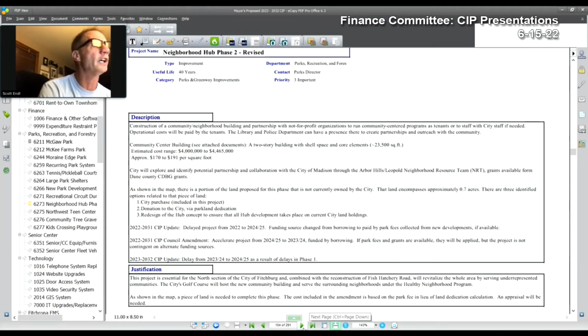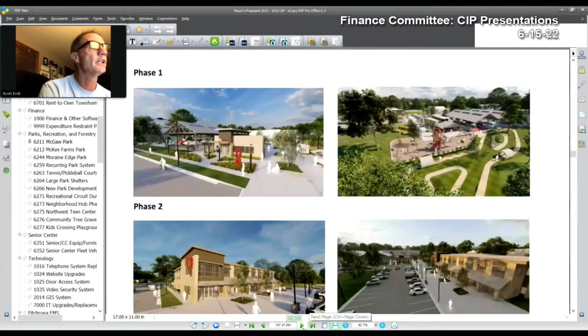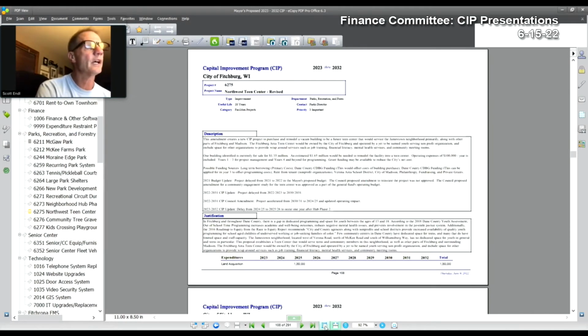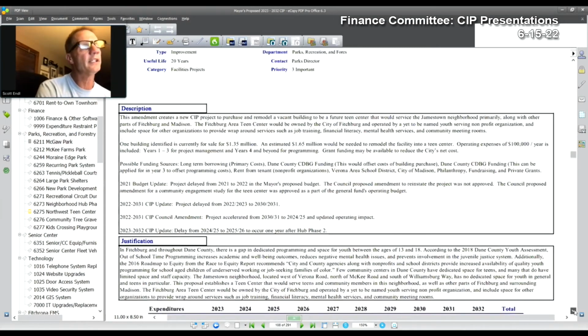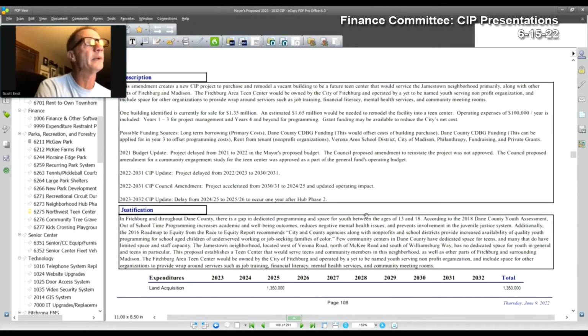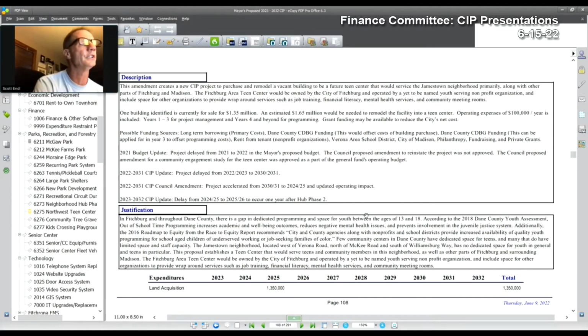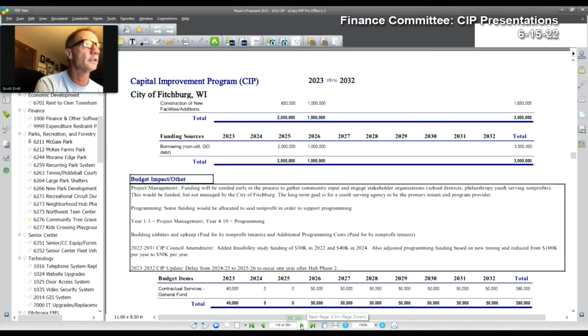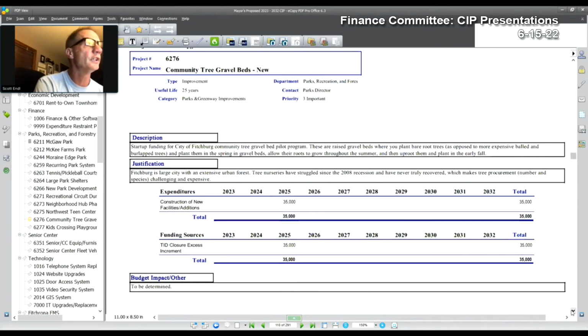And then we got some pictures. And the Teen Center, I think, was delayed too. The idea is Nine Springs Hub Phase 1, Nine Springs Hub Phase 2, and then the Teen Center as our order of facilities, which I think is another great organizational move.